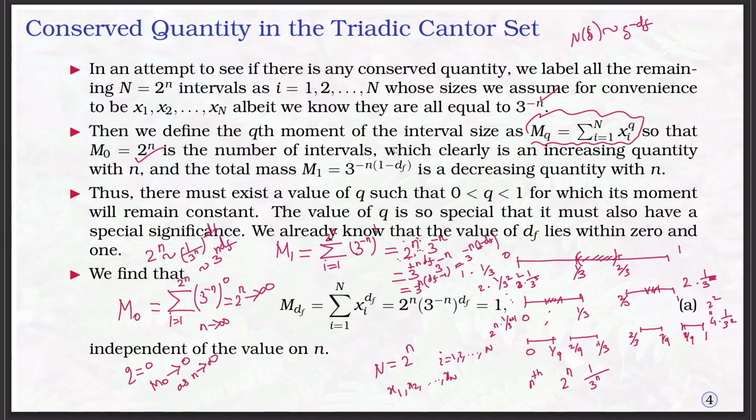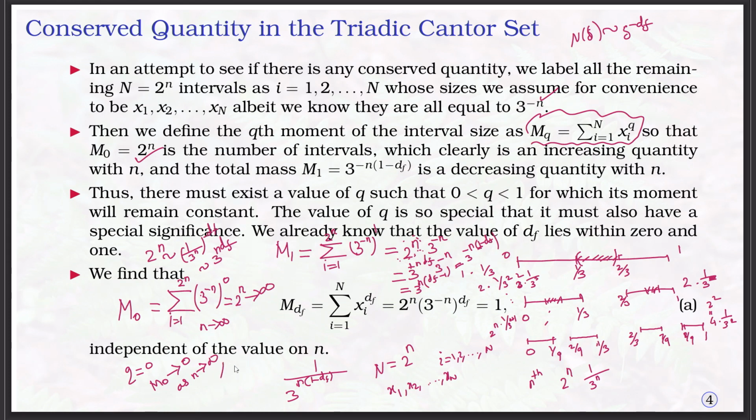Now, you can observe this quantity 1 over 3 power n, 1 minus df. Whenever n is increasing, then m1 is a decreasing quantity.